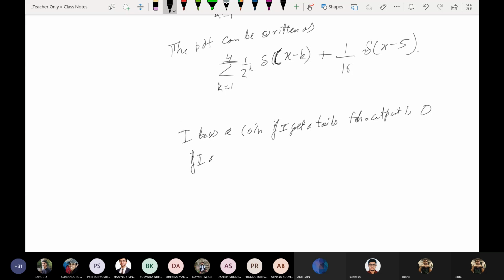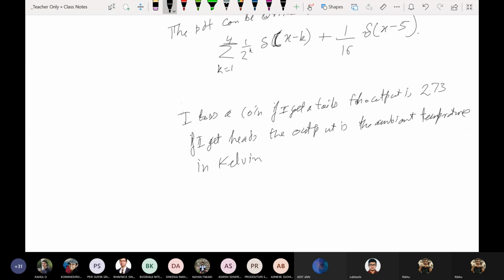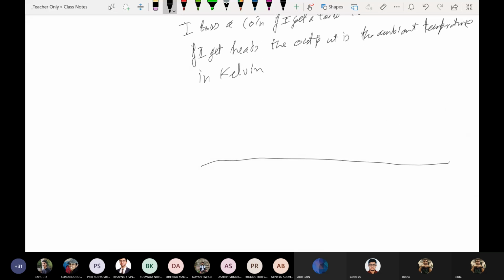If I get heads, the output is the ambient temperature in Kelvin, around 273.